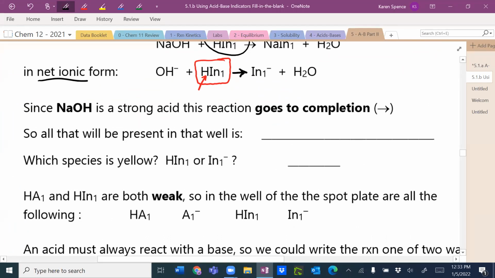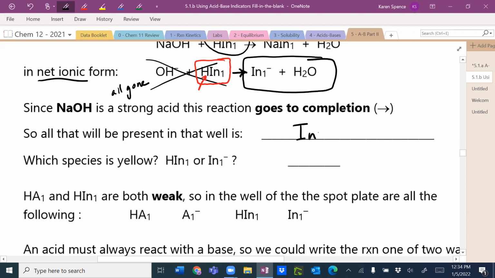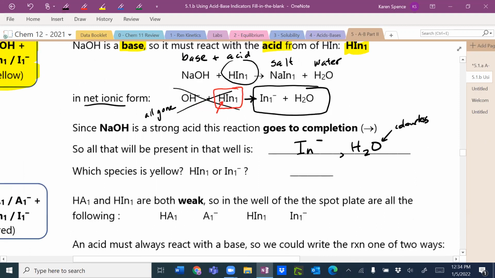So the only things that are going to be present are those guys. As it goes to completion, these guys are all gone. So all we have left is IN minus and H2O, and of course we know H2O is colorless. So this will let us know what color IN minus is.